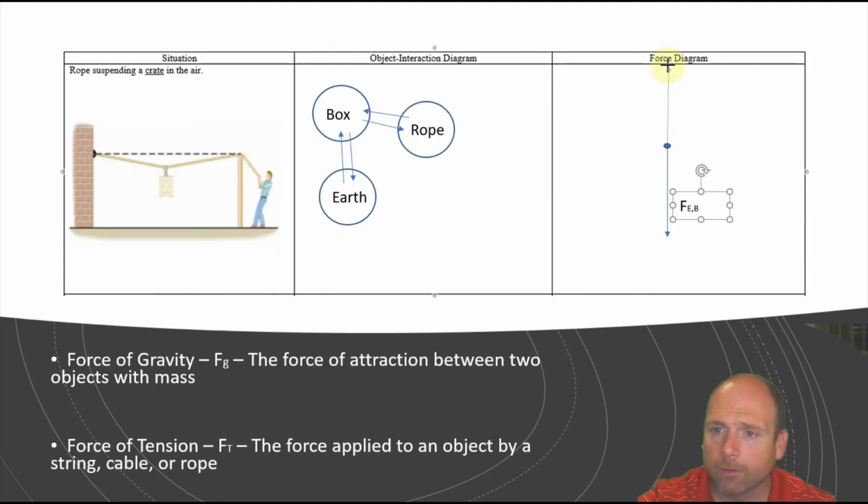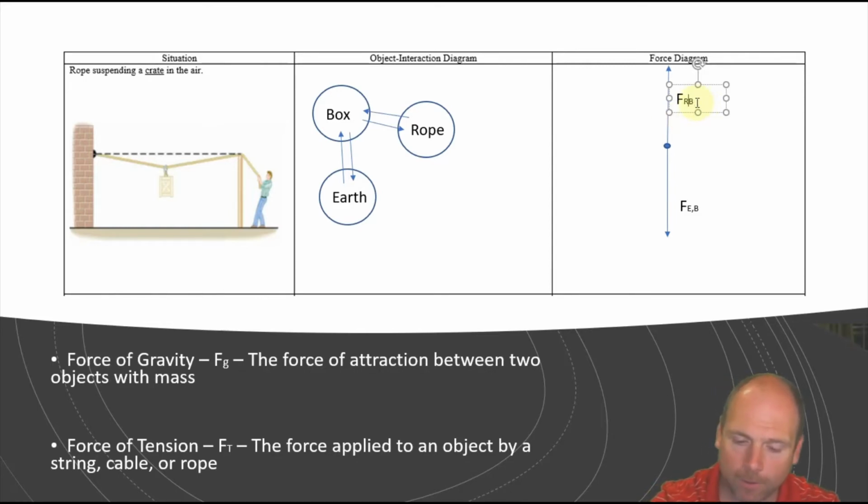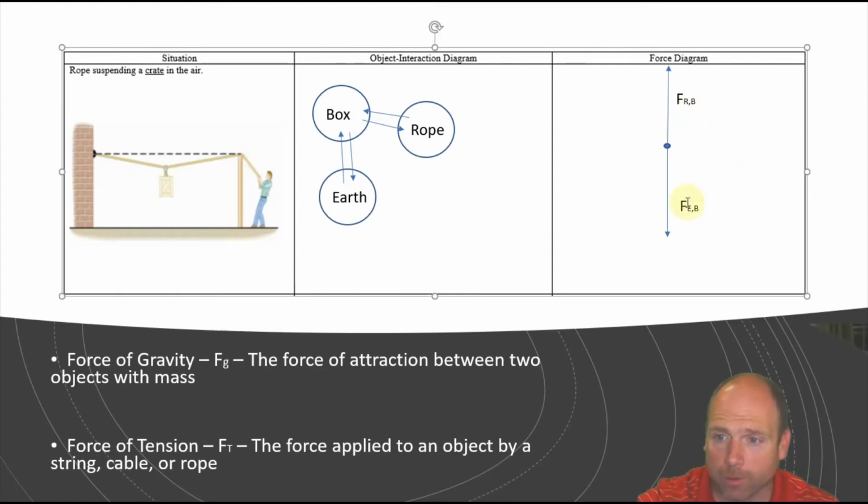And I'll draw that arrow straight up, and I will make another force label. In this case, it's not the Earth on the box, it's the rope on the box. And again, we made that a comma there. So there's my force diagram. I've drawn the force of the Earth on the box and the force of the rope on the box.